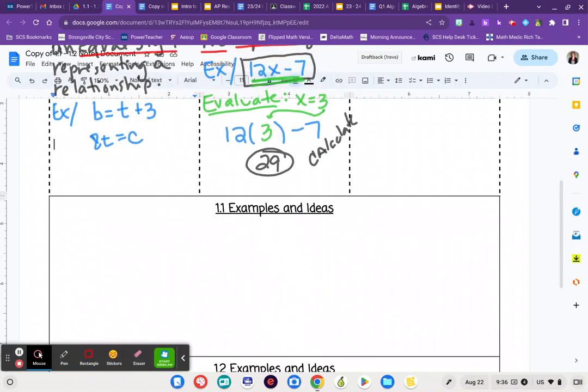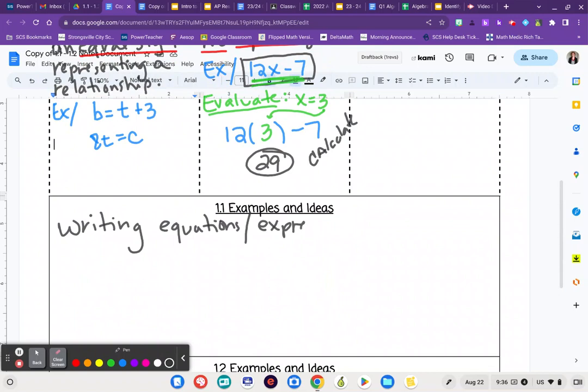All right, so let me give you some examples beyond the examples that I gave you. When it comes to writing equations or expressions, we like to use things that are keywords.